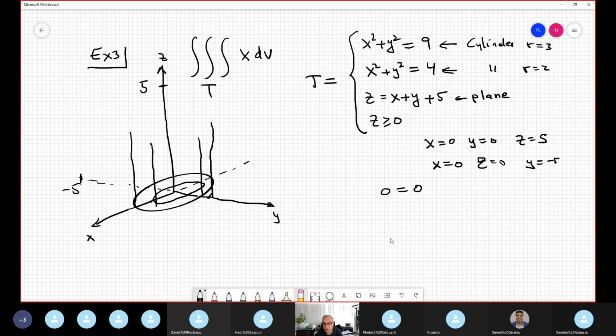Now, suppose Y is 0, C is 0, X is equal to -5. And -5 here. So my plane looks like that.